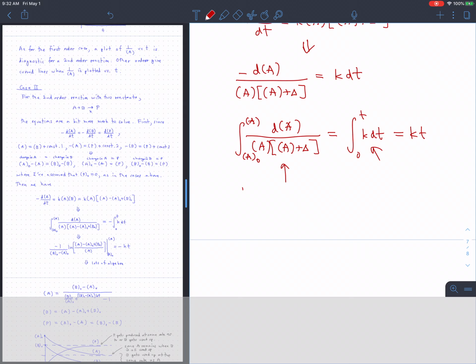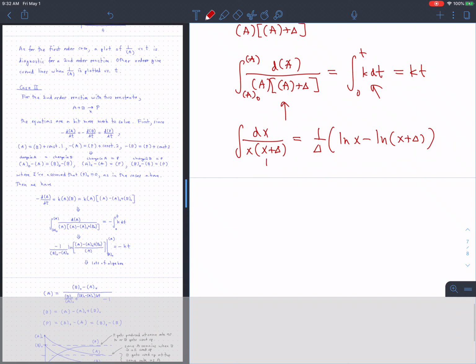That integral is of the form dx over x times (x plus delta), and that is equal to 1 over delta times log of x minus log of x plus delta. So x here is A, so that becomes 1 over delta times log of A minus log of A plus delta, is equal to Kt.